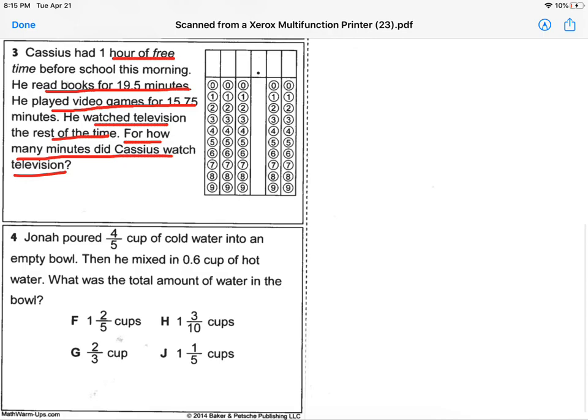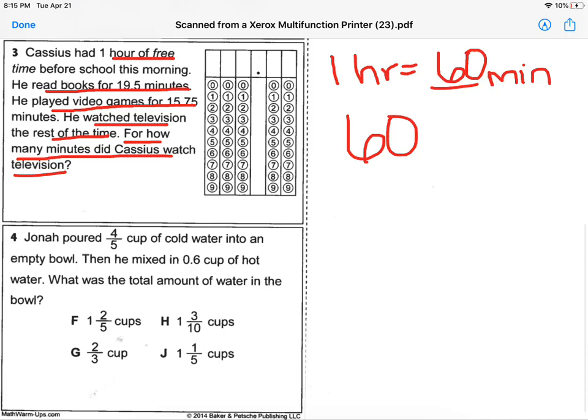Well, how many minutes are in an hour? Okay, 60 minutes. So if he had 60 minutes of free time and you subtracted 19 5/10 minutes of reading, how can I subtract 60 and 19 5/10?